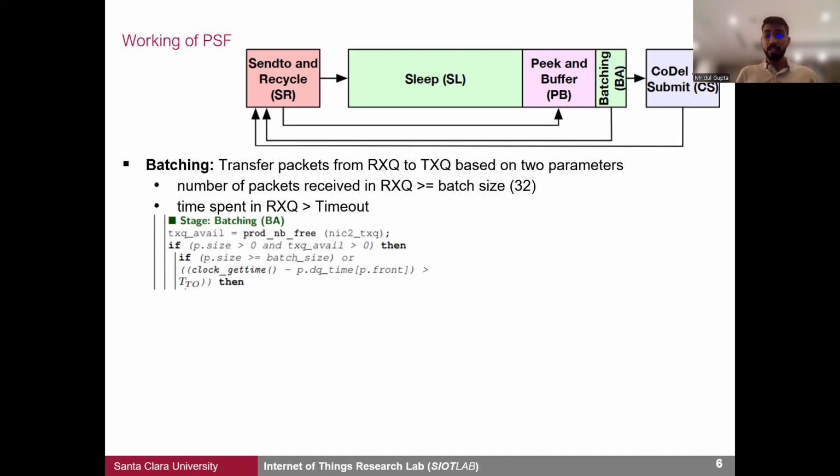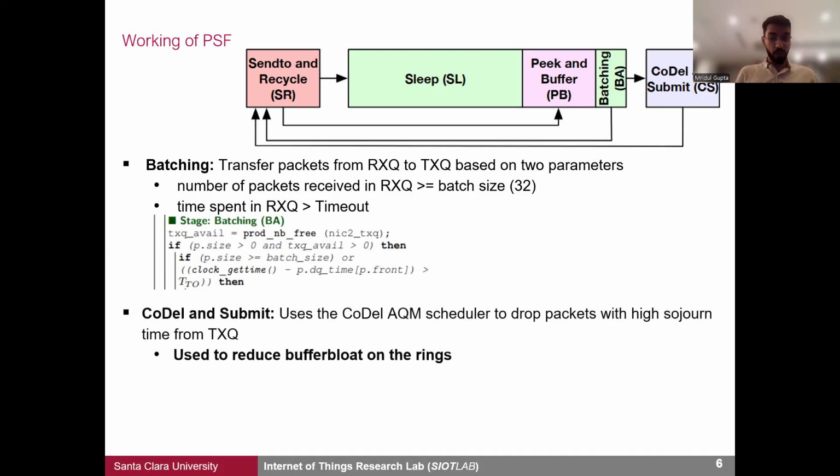Next, before the packets are added to the TX queue, the packets are modified, for example, changing the MAC address when performing packet forwarding. Also, these packets go through an active queue management scheduler to drop packets that have a high sojourn time. In order to create an AQM scheduler, we utilize the CoDel AQM scheduler, which is also the default that is used in the Linux kernel.